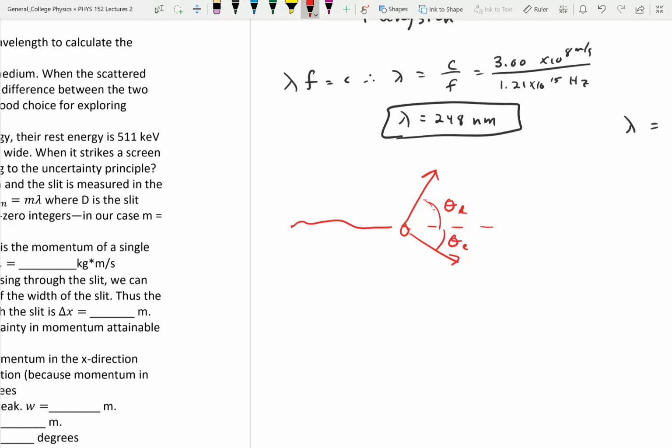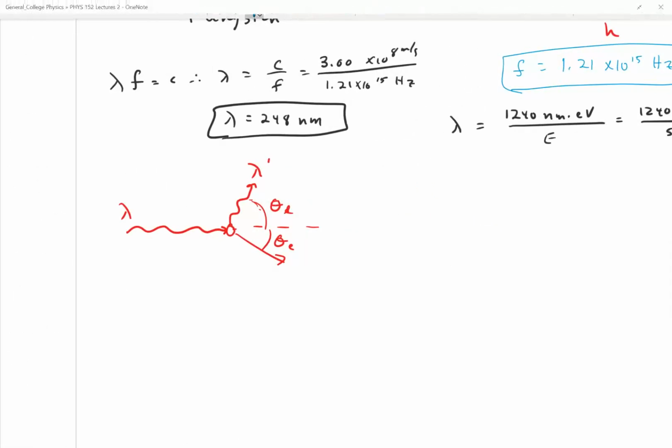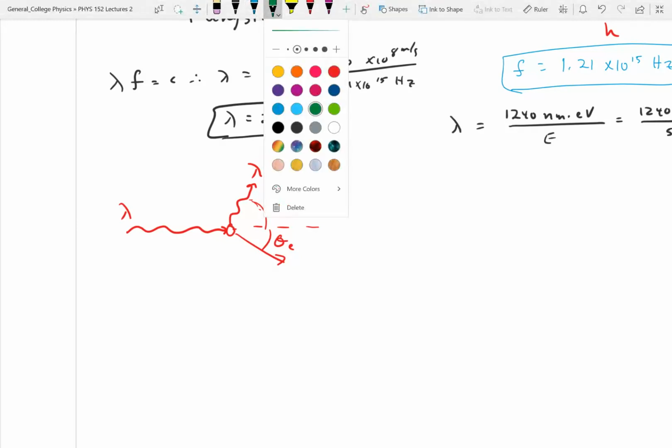And we have a different frequency of that light, squiggly here. So that's the figure for Compton scattering, and then we have the equation that defines Compton scattering.